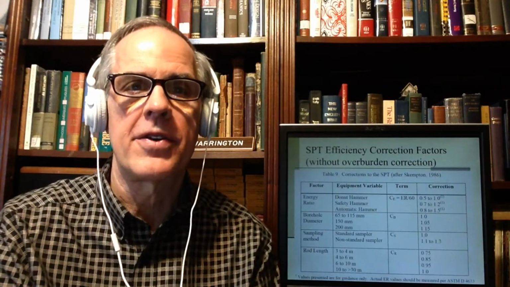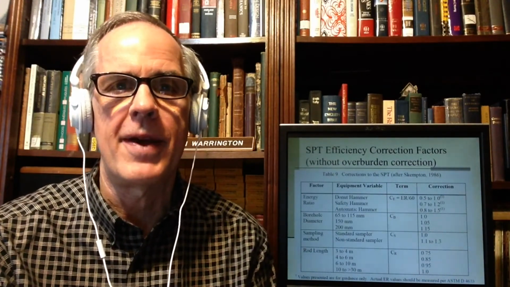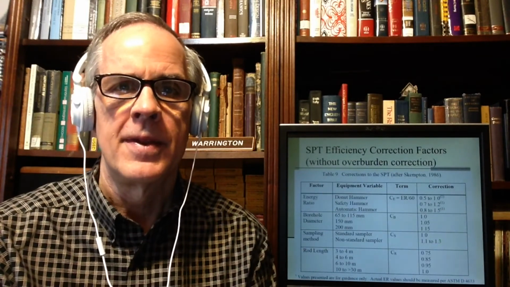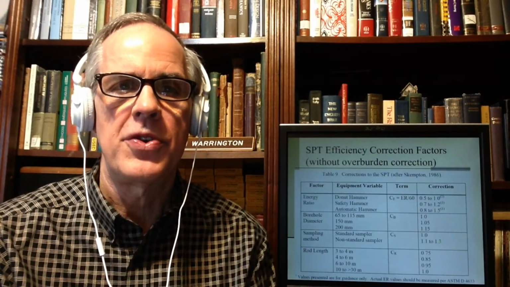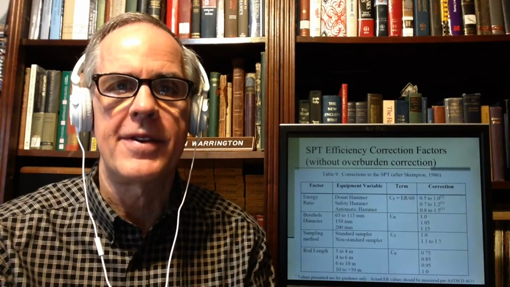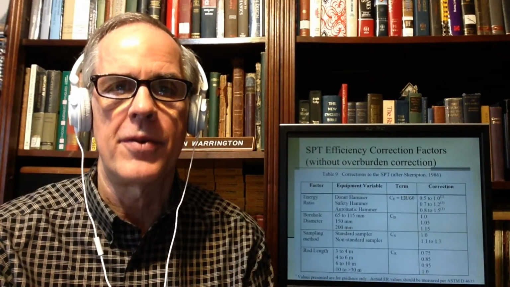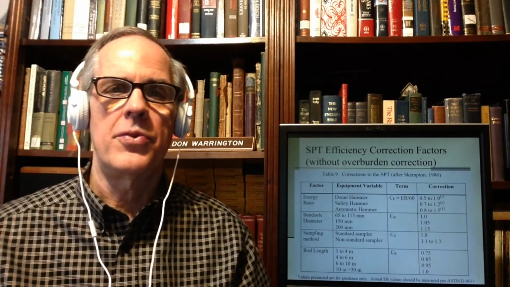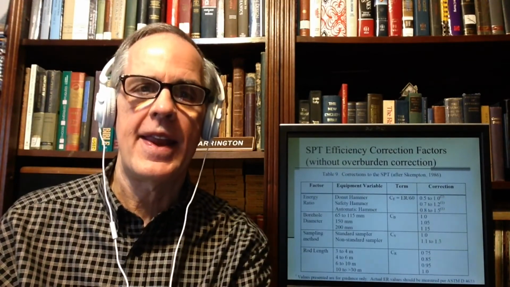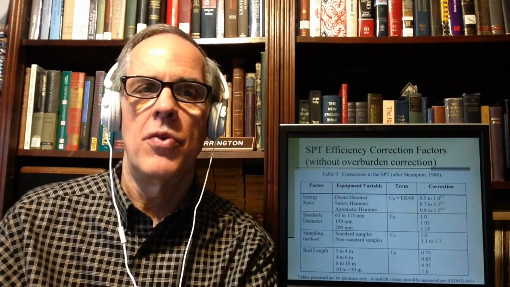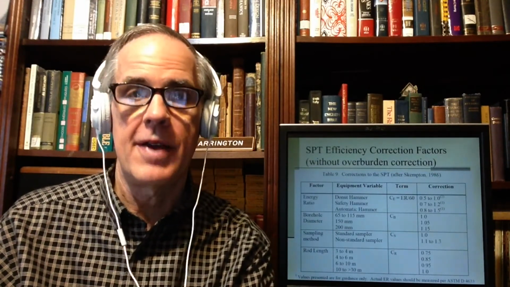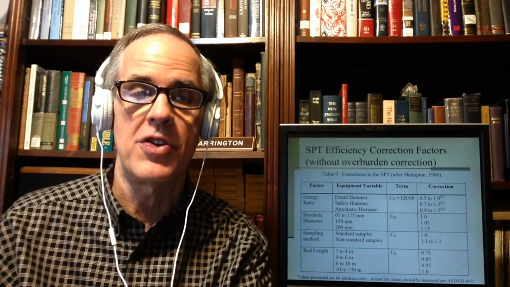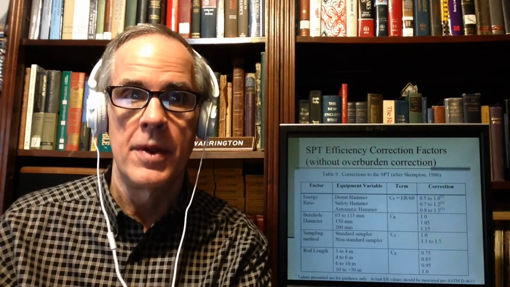The CE factor, and most of this research goes back to the 1980s, was an attempt to standardize the results. Basically what they started with is the assumption that the old cathead SPT was the reference standard. And at the time, it was in use, it was the reference standard.